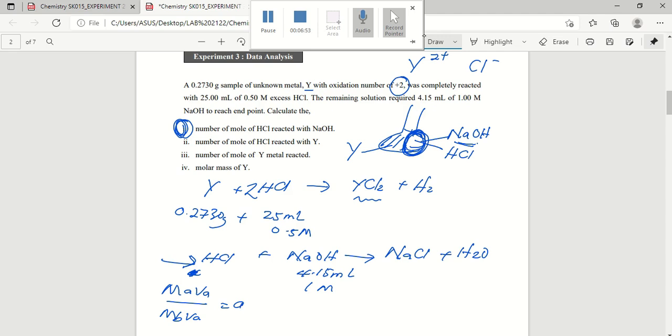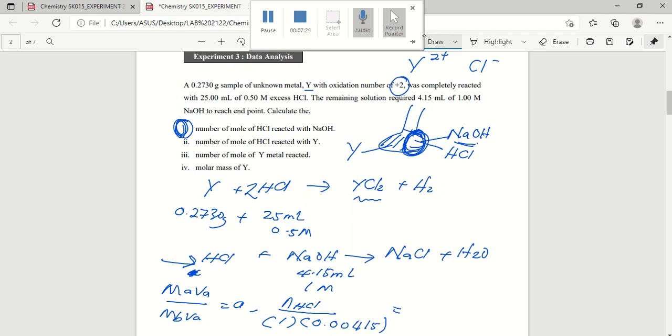I want to find the number of mole of HCl, so it is MaVa. Ma times Va equal to mole A acid, or mole HCl. Molarity of base is 1. The volume, turn it to liter, 0.00415.